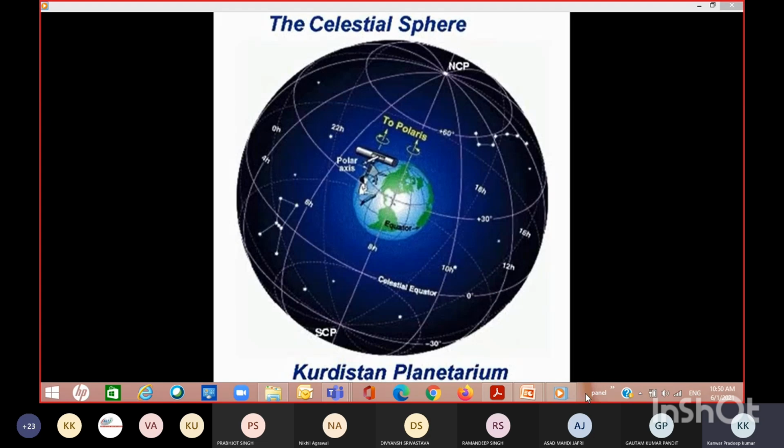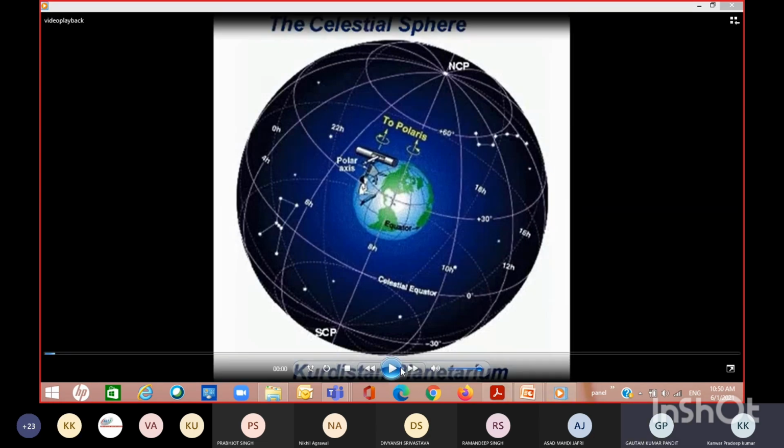By now, all of you must be very clear on the shape of the celestial sphere and what we are talking about. Is this diagram clear, or does anyone have any doubt? Okay, if you are okay with this diagram, I'll move on.